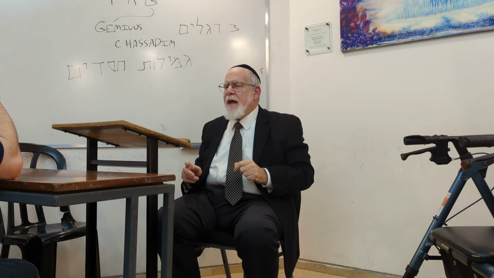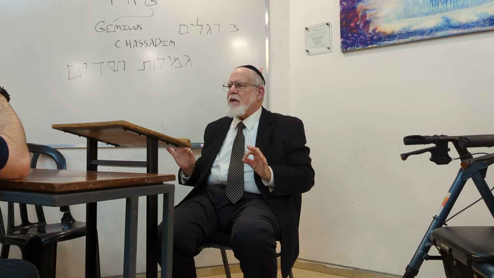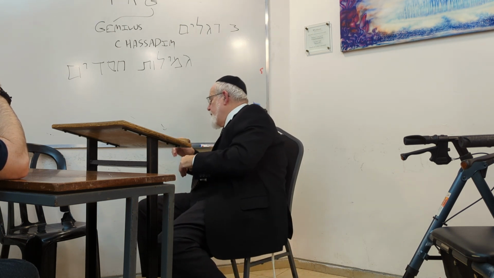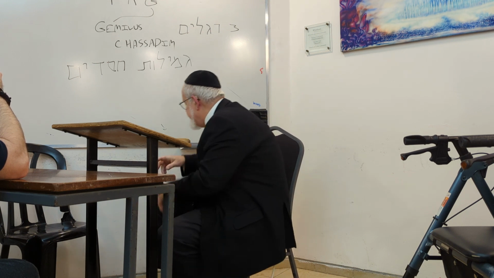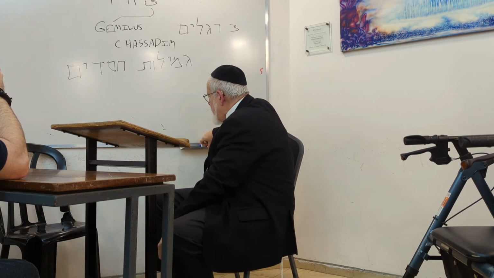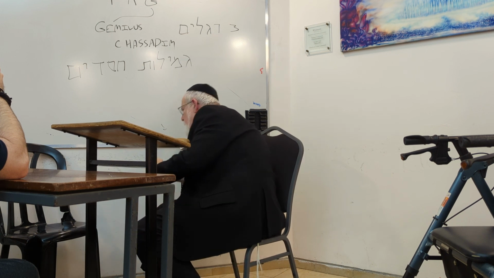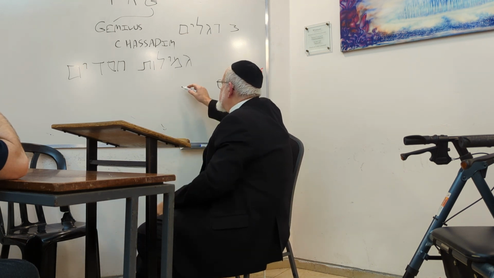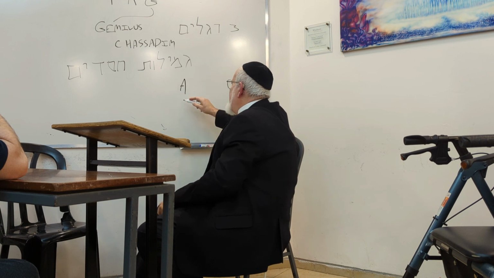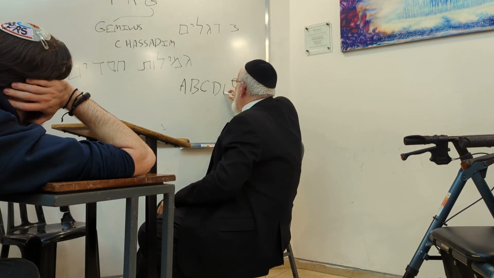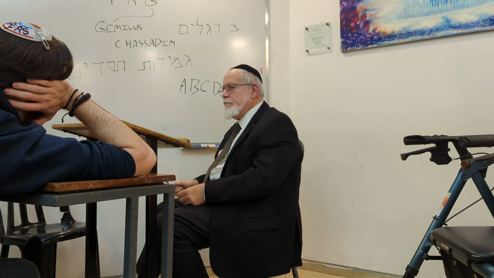Okay. Now we want to discuss the eclectic process. Very, very simple concept. Here I have some text. A, B, C, D, E, okay?